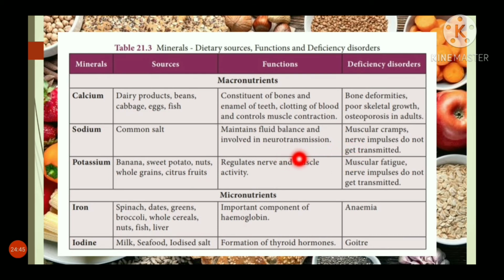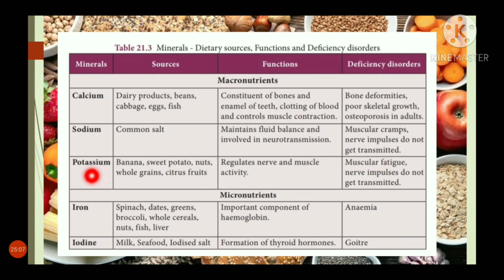If you don't have that common salt, it leads to muscular cramps, means your muscles will start hurting somewhere or the other. Nerve impulses do not get transmitted. Your nerves will not send messages to your brain in a proper way.